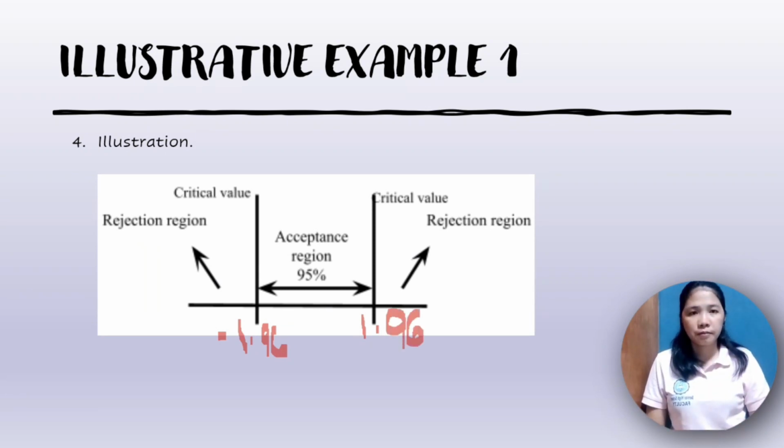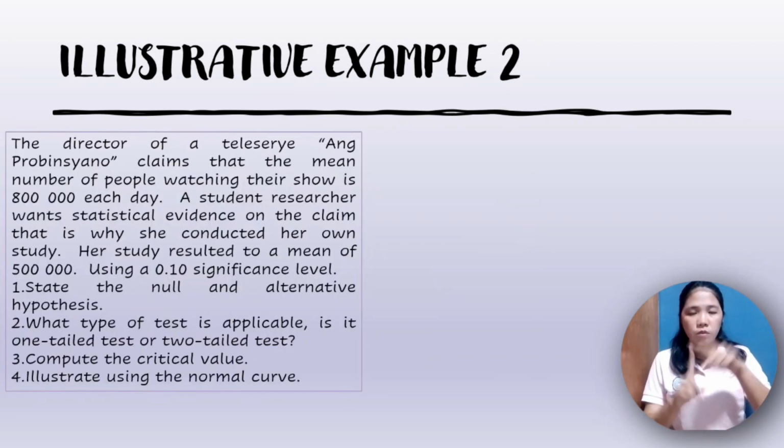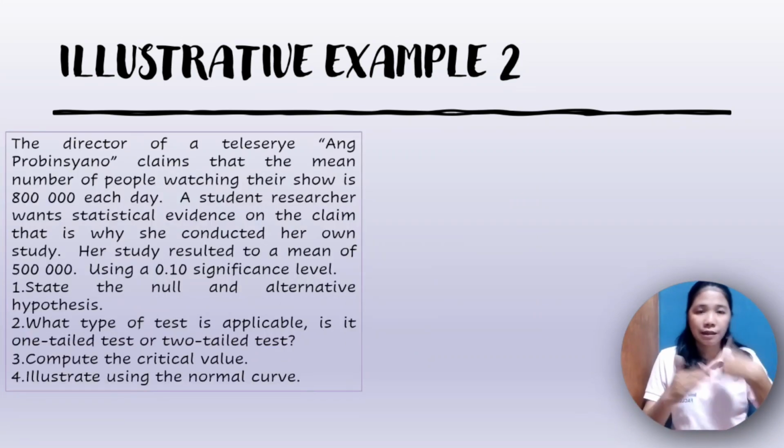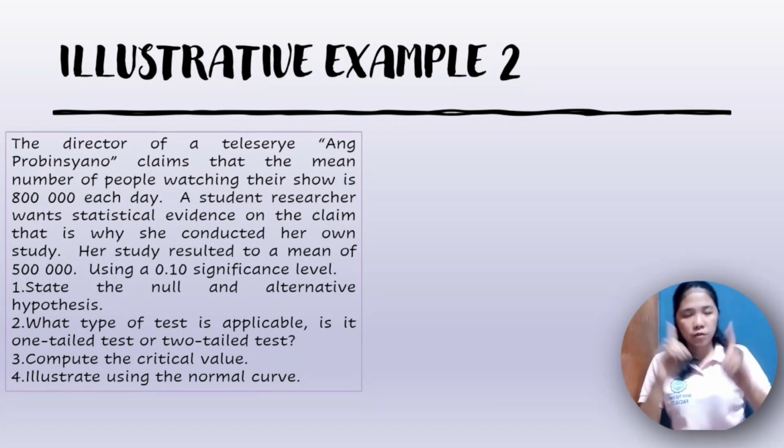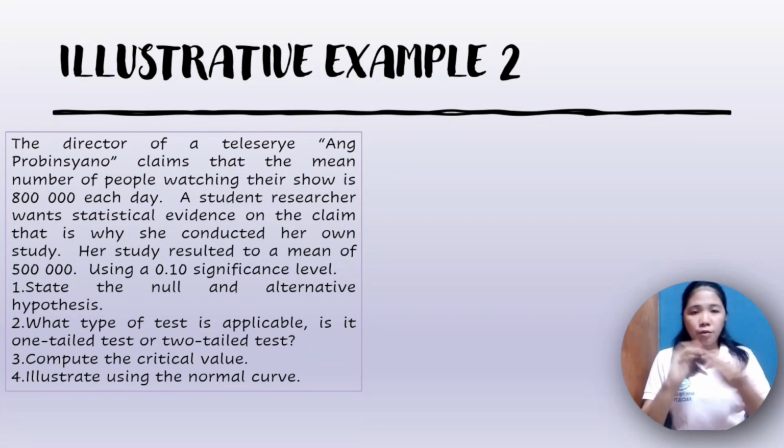Okay, next example. The director of a teleserye, Ang Probinsyano, claims that the mean number of people watching their show is 800,000 each day. A student researcher wants statistical evidence on the claim. That is why she conducted her own study.